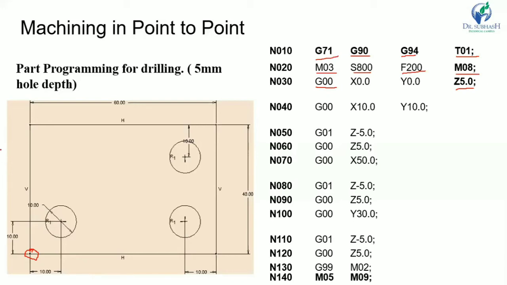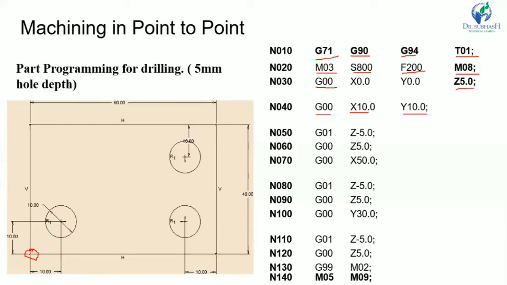Then the next one is G00, again rapid traverse, X10, Y10, and Z remains the same at 5 mm. Now our tool is 5 mm above the workpiece.